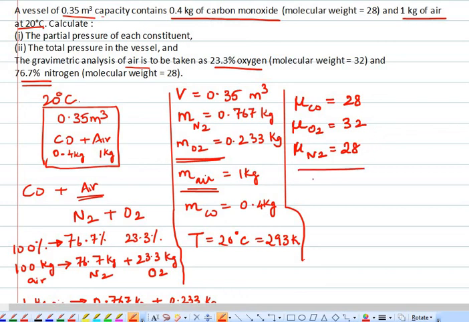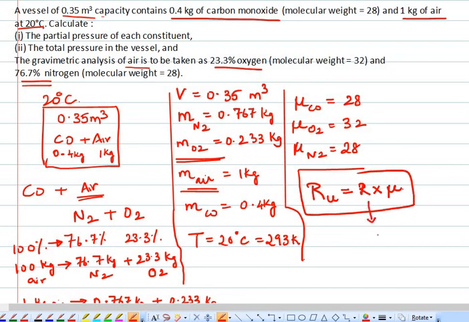Also we know that the universal gas constant, or I can say RU, universal gas constant RU is equal to R into molecular weight.